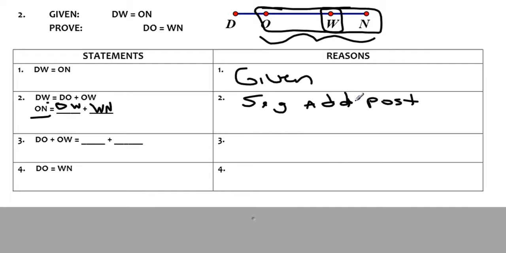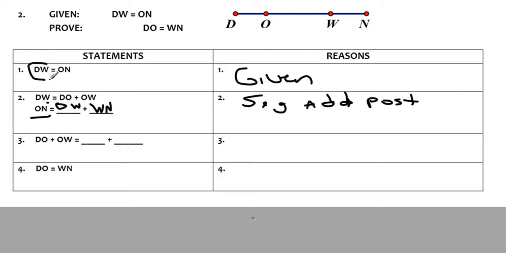Now this next one is really hard to see, so pay attention. You're going to see it very, very often, so just make sure that you're looking for these patterns. All right, down here we have DO plus OW. Well, what does that equal? Well, we said, let's look up here, we said that DW equals DO plus OW and ON equals OW plus WN.